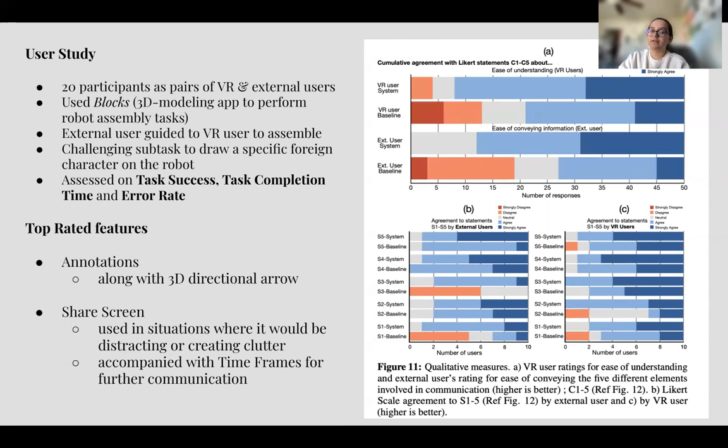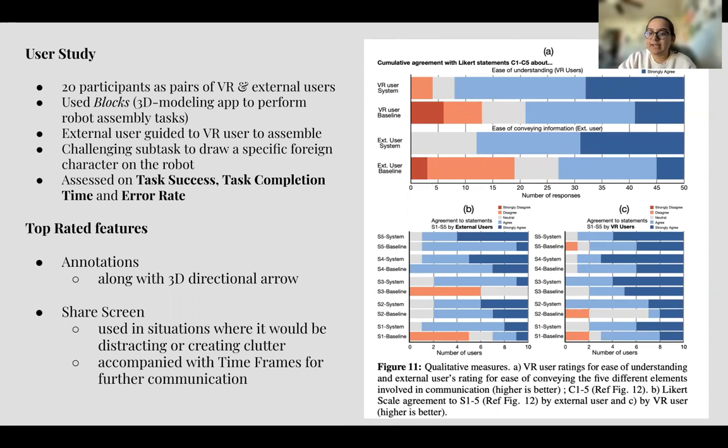And a share screen was also accompanied with time frames for further communication. So in certain times when they needed more explanation or more interaction, they used share screen with time frames so that they could ask about a certain point and certain instruction. On the right, you'll see what the results were. So the first one talks about the ease of understanding of VR user and external users rating for ease of conveying the 5 different elements involved in communication.